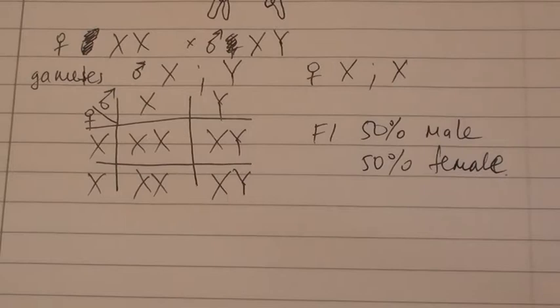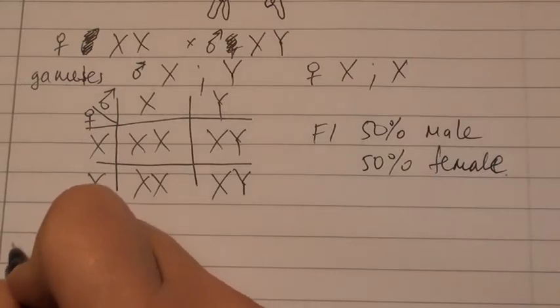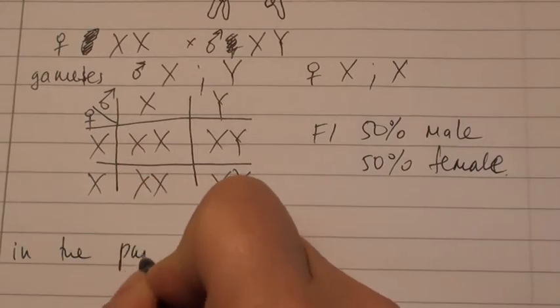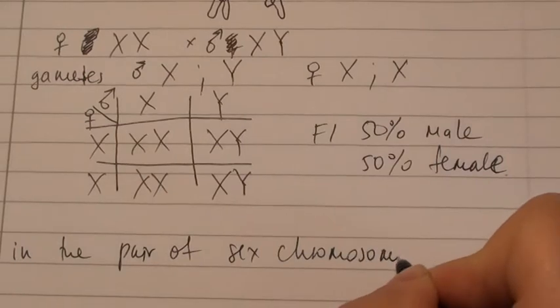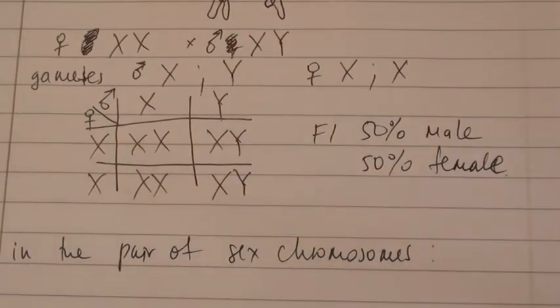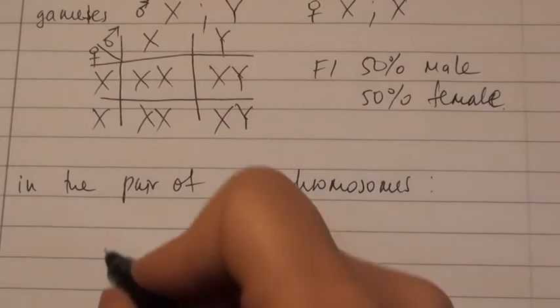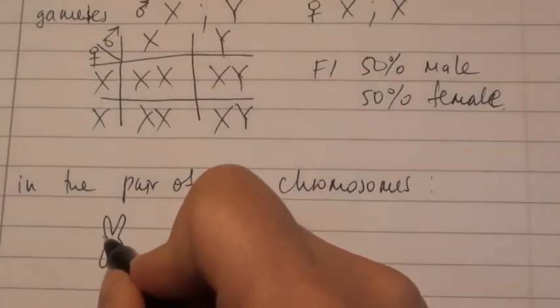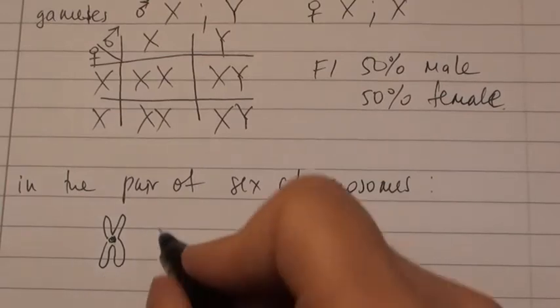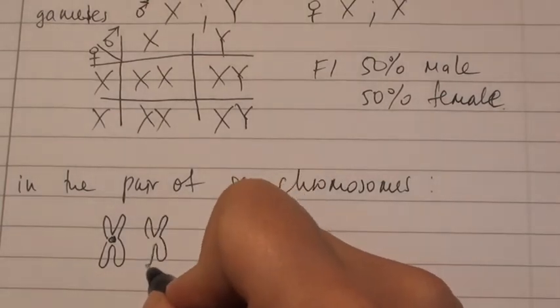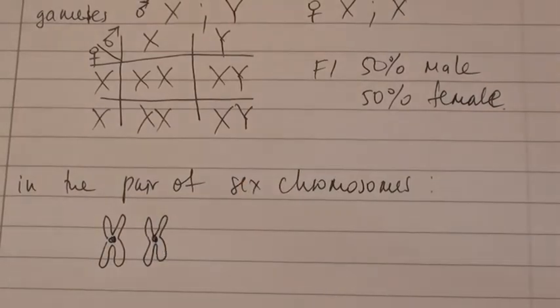And what sex linkage essentially is, is when within your pair of sex chromosomes you have some kind of mutation embedded. So let's say you have a normal X chromosome here, and everything is normal and healthy, but you might have a second X chromosome that has some kind of fault in it, some kind of mutation in it.